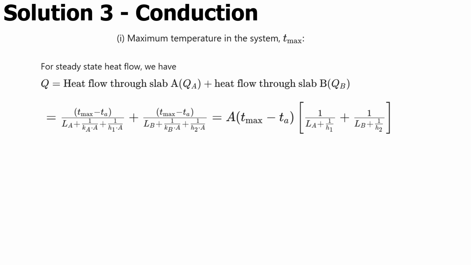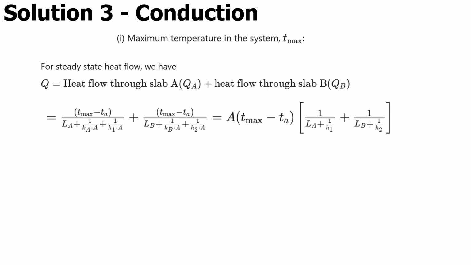Now, the total heat generated Q is equal to the temperature difference, Tmax minus TA, multiplied by area, and then multiplied by the sum of the inverse of the total resistances for each path.